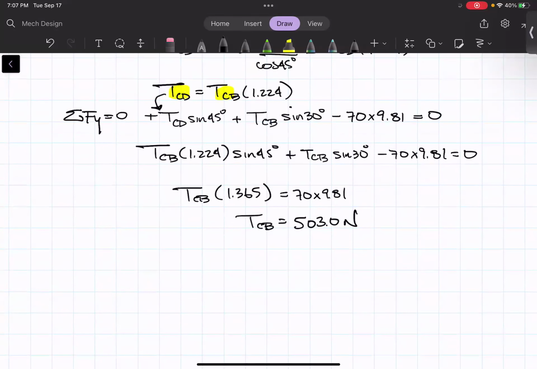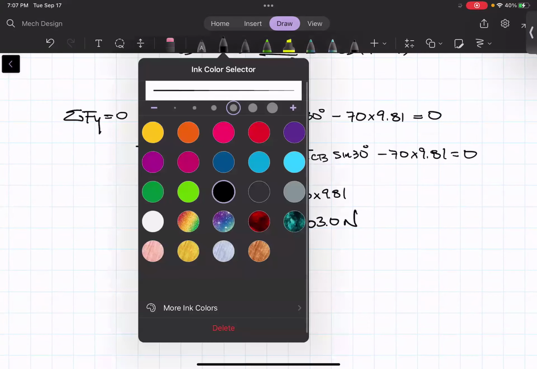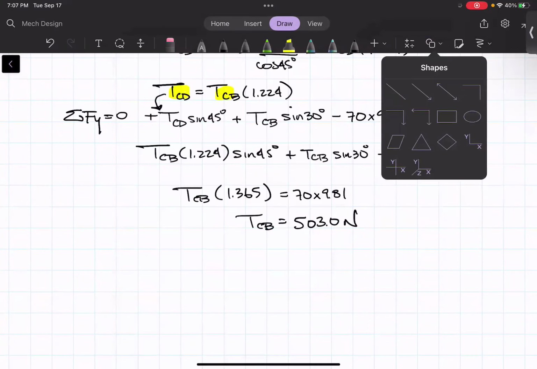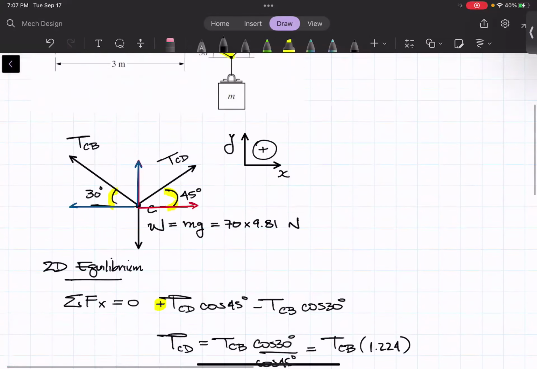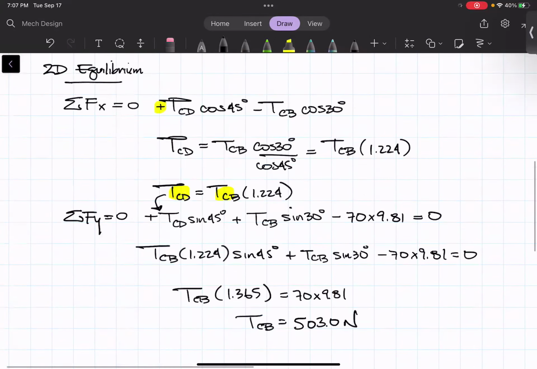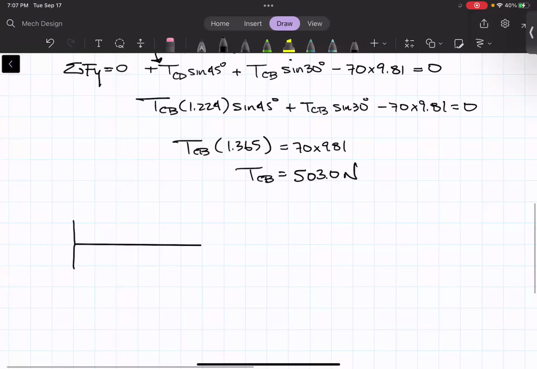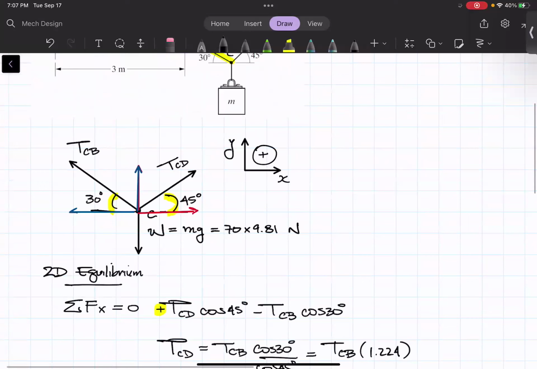From this step, we could draw a picture of the beam AB. This is A, this is B. As a student, you might ask yourself, what direction am I putting the force in?